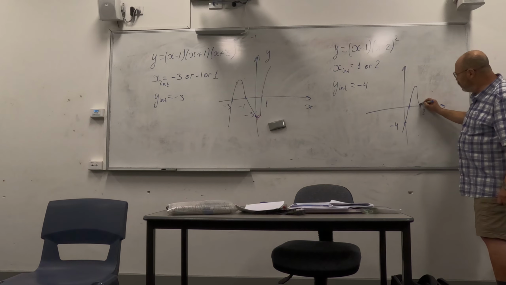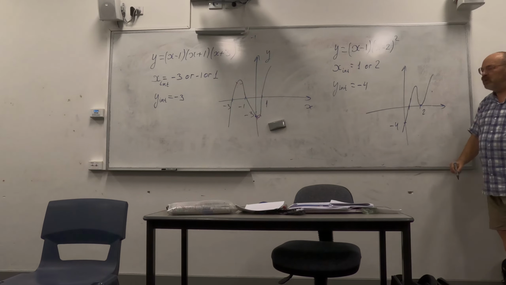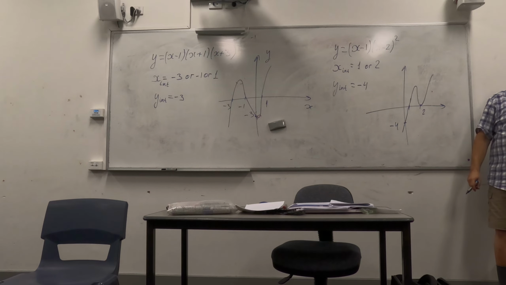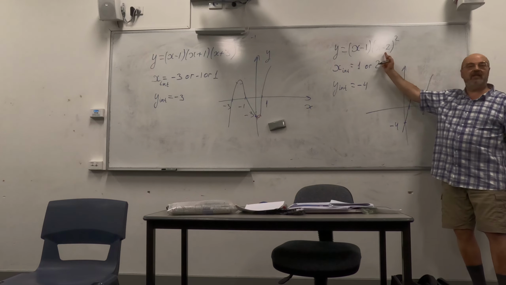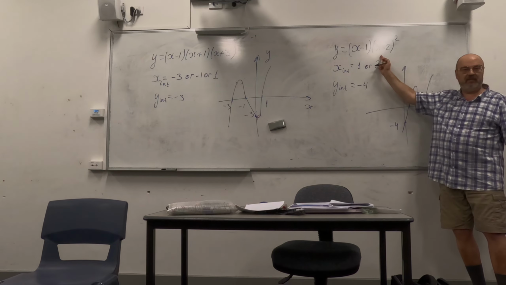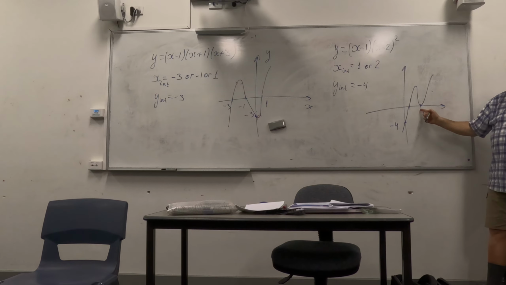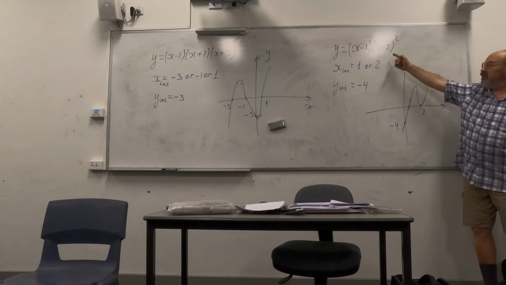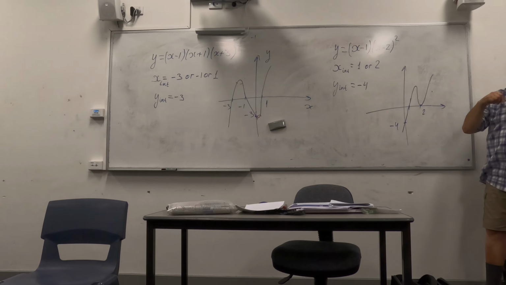At 2 it does not cross, it bounces, so at this point we will have a minimum. So if any factor is a repeated factor, at the x-intercept where that factor is 0, the graph does not cross, it bounces off the x-axis. Make sense?